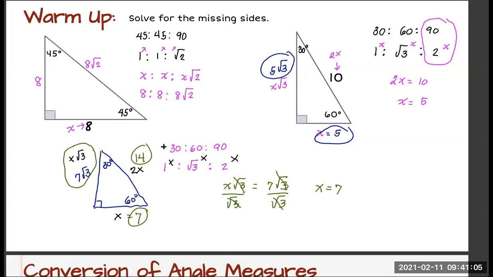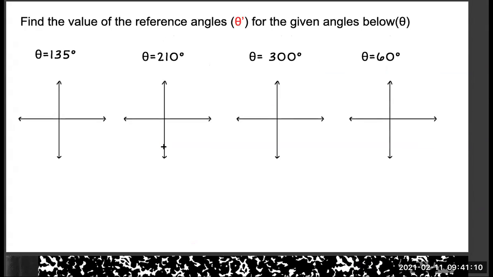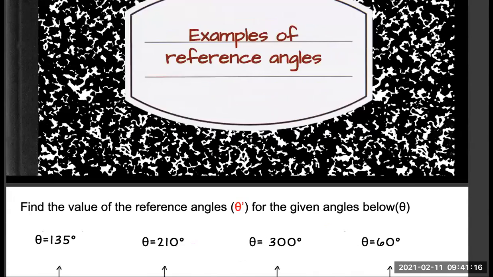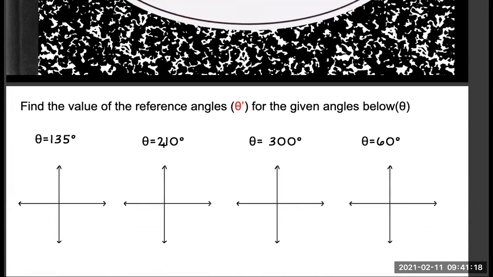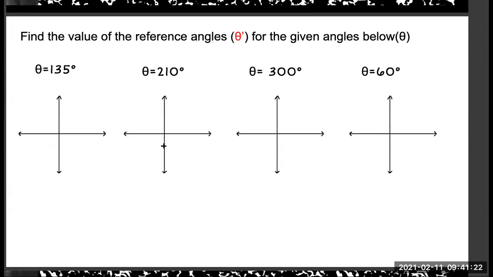Okay, so I'm moving up because we have discussed reference angle from last time. If you remember, reference angle is this acute angle formed, meaning less than 90 degrees, between the terminal side and the x-axis.